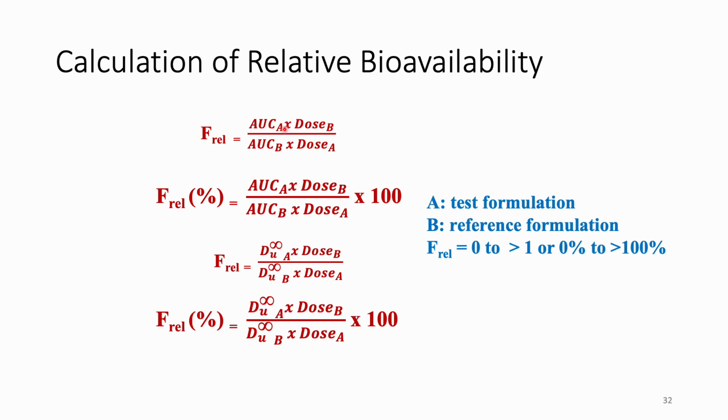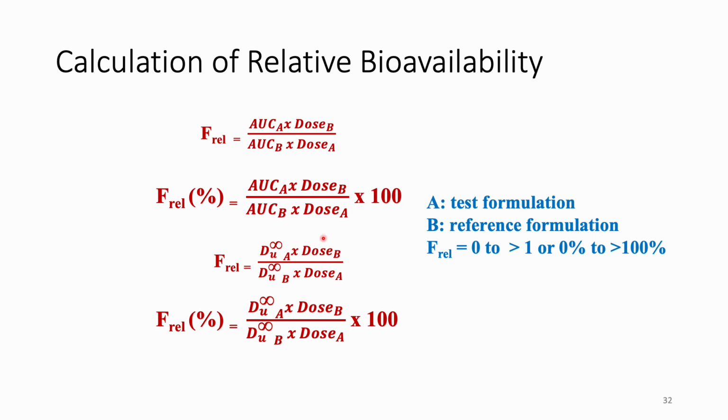You want to compare the bioavailability of drug A to drug B. In this case, the AUC of drug A is divided by the AUC of drug B, times the dose of drug B divided by the dose of drug A. This equation gives you the value as a fraction. If you want a percentage, you multiply by 100.